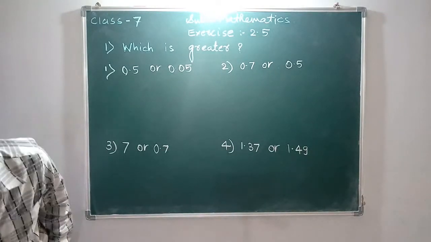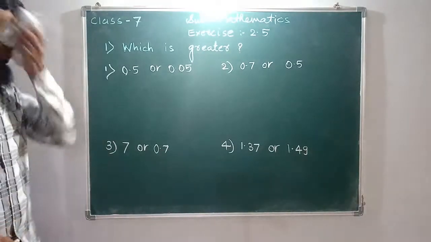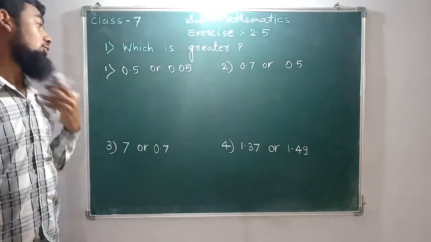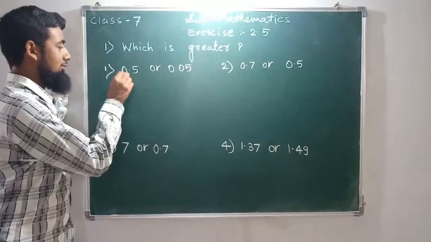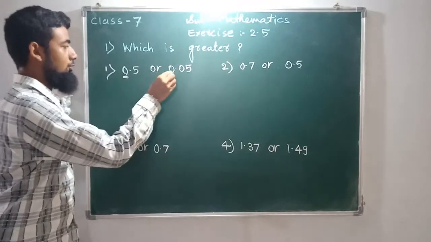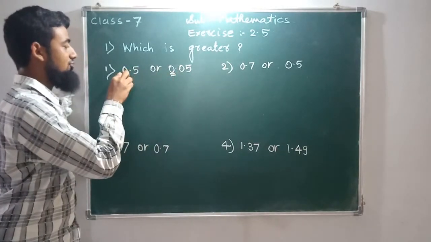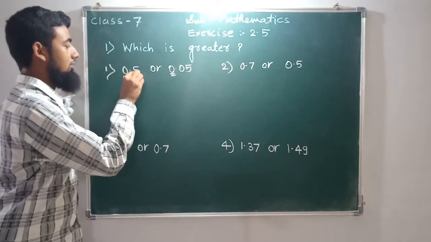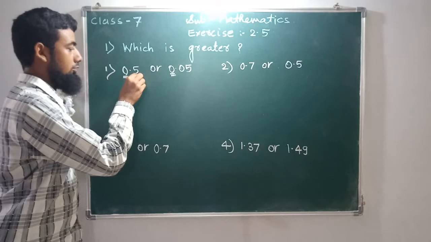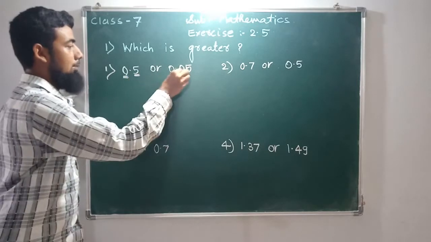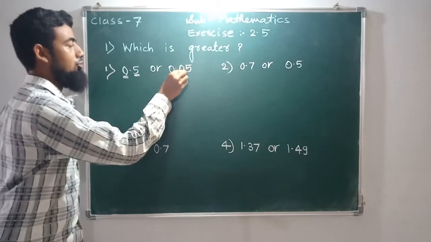So here, first question, 0.5 or 0.05. Tell me the places of this 0. This is ones. The place of 5 is tens, and the place of 0 is also tens.